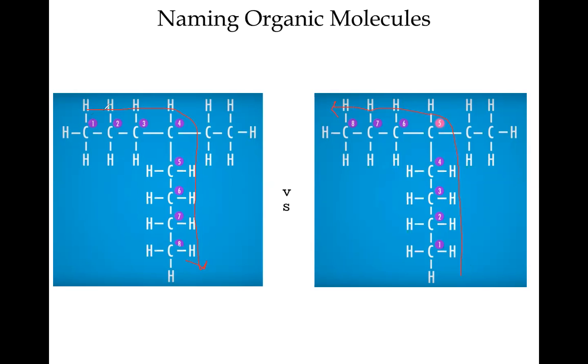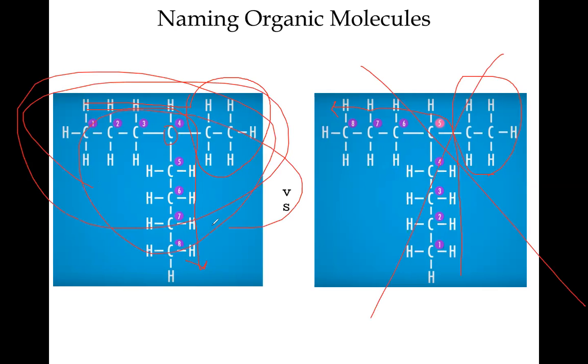Because if we number it this way, we have this substituent group, this ethyl group, on the 4th carbon. But numbering it the other direction, this ethyl group is bound to the 5th carbon. And we don't want that. We want it to be 4-ethyl, not 5-ethyl. So this is wrong, and this is right.